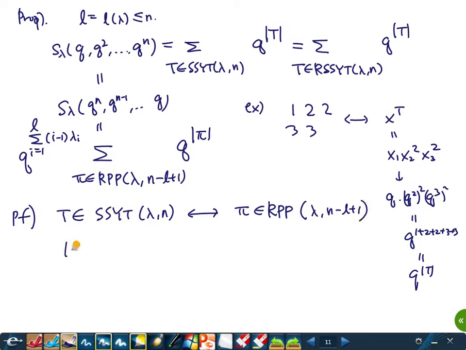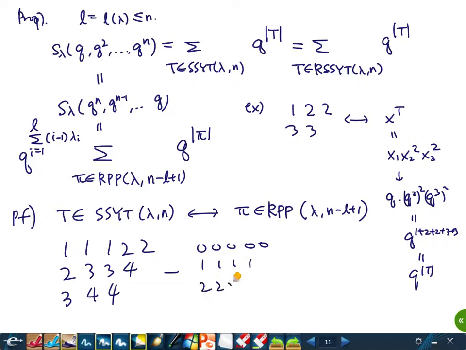For instance, let's say 1, 1, 1, 2, 2, 2, 3, 3, 4, 3, 4, 4. You just subtract 0, 0, 0, 0, 0, 1, 1, 1, 1, 2, 2, 2. Then you get a reverse plane partition.